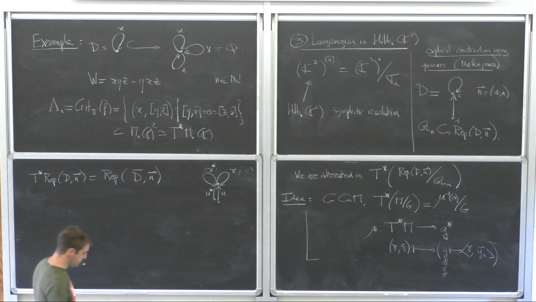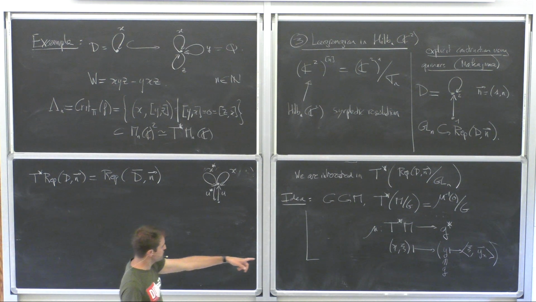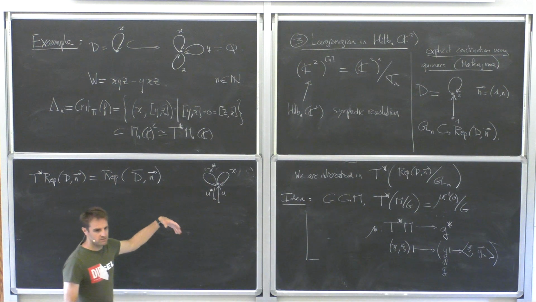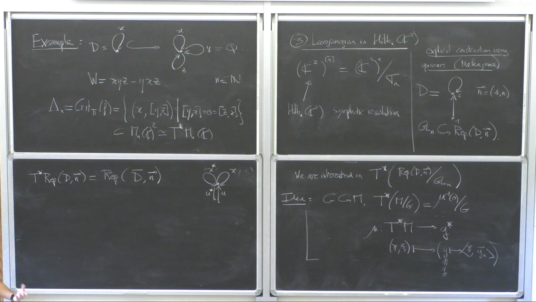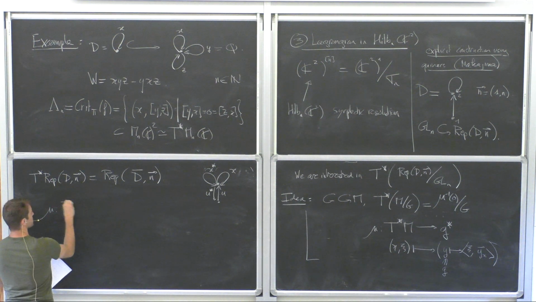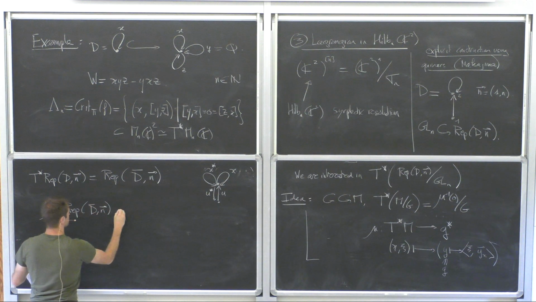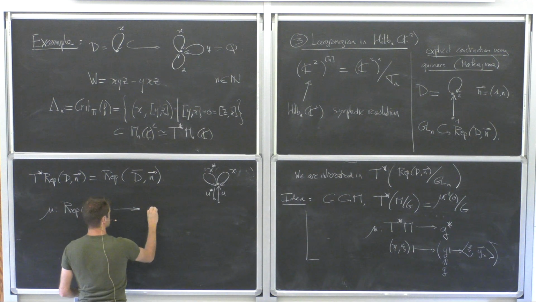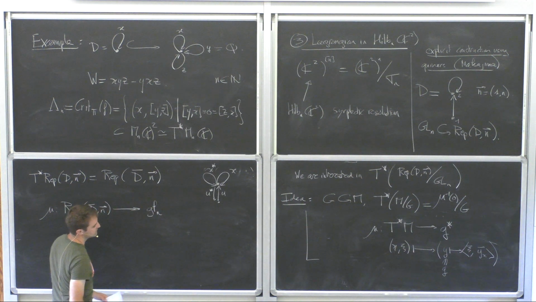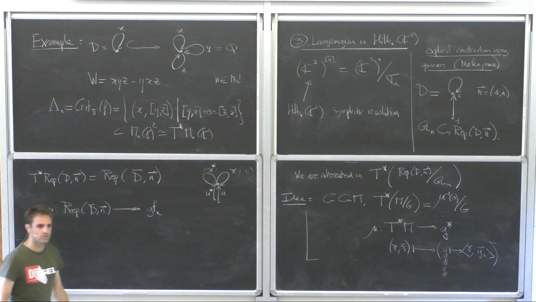And if you look a bit at what the moment map becomes, it's actually a kind of commutator. That's a computation one has to do. But so in the end, the moment map mu, in this very specific case, it goes to gl_n, which is the same as its dual.